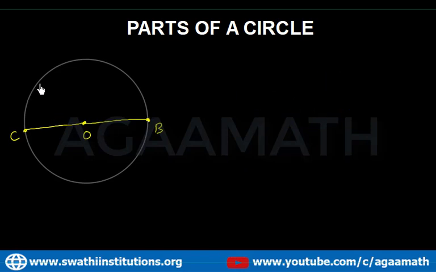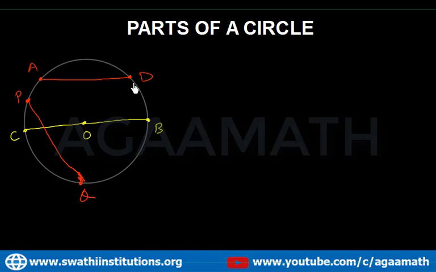Now here I would like to take 2 points on a circle. One is A and one is D, and let's join the 2 points. So what is AD called? Not only AD, you can take another 2 points, it's our wish. Here I would like to take a point P and another point Q, and join these 2 points.